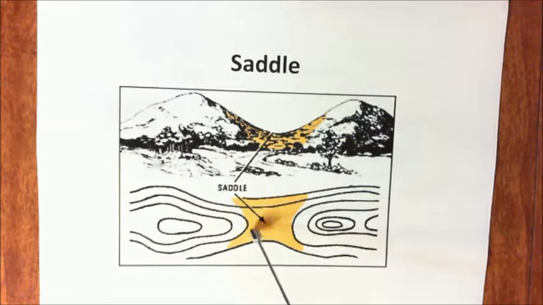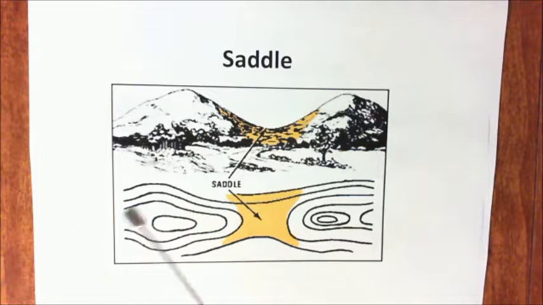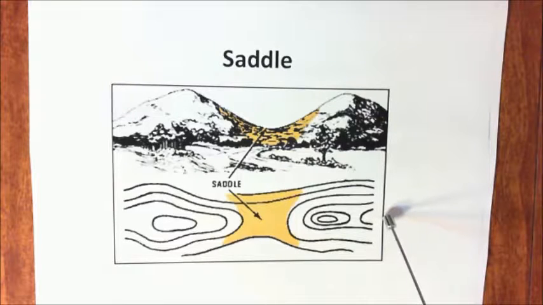And here's the pattern of contour lines. Hilltop, it goes down, down, down, and it plateaus for a little while. Then it starts to climb back up to another hilltop, down slightly, and then back up to another higher area. So in the middle here is the saddle.